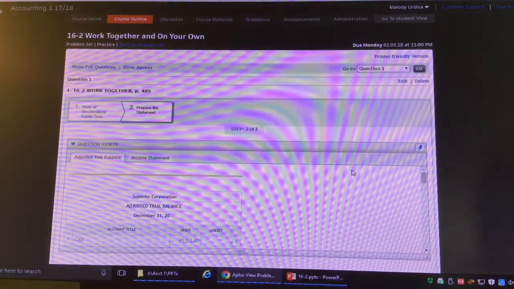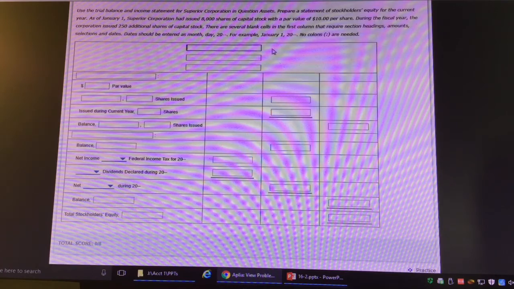Creating the statement. Remember that the first thing we need to do is the title. So we fill in the name of the corporation, the name of the statement we are creating, and the date. We're going to use the trial balance and income statement for Superior Corporation. So the company is Superior Corporation.